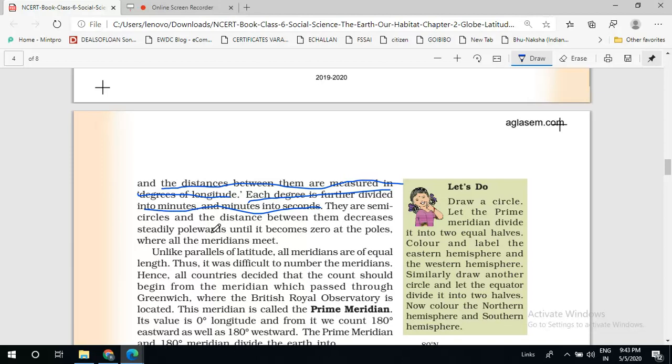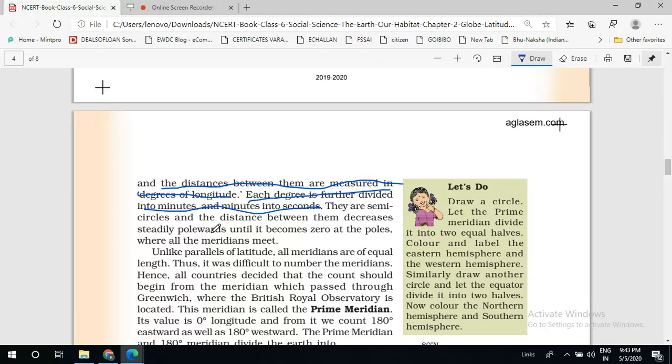What we saw in latitudes is that latitudes are parallel to the equator, and if we just imagine the shape of the earth, the equator is dividing the earth into two equal halves. Now, if we draw any line which is parallel to the equator, it will not be equal to the equator.